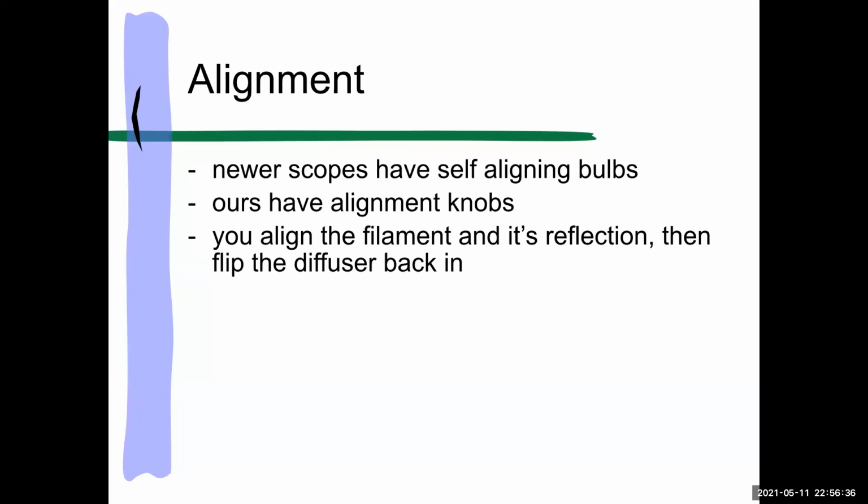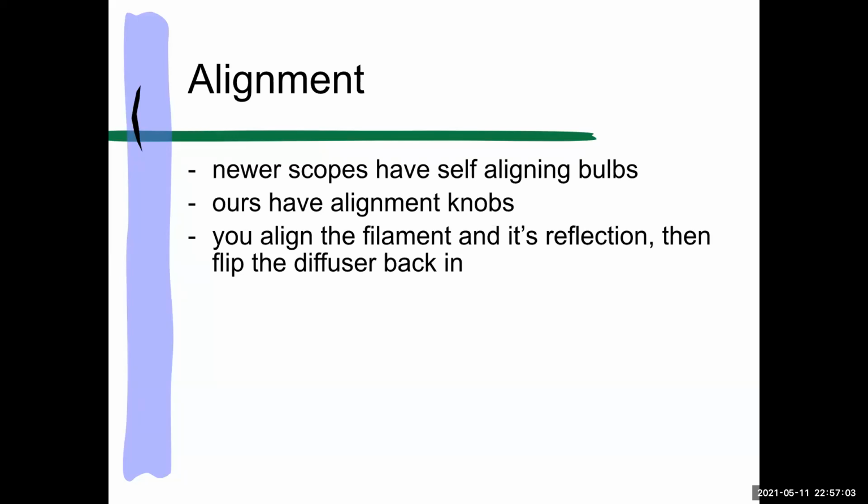Or if you knock the scope accidentally, or the table shakes or whatever, the bulbs in the arc lamps, and all bulbs, but usually it's the arc lamps, can get out of alignment. And there's a way to align them: you just basically use knobs or hit the button for the self-aligning ones, which are awesome. But often older scopes have knobs, where you go up, down, left, right, basically.